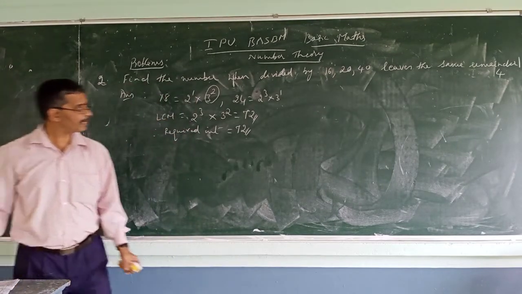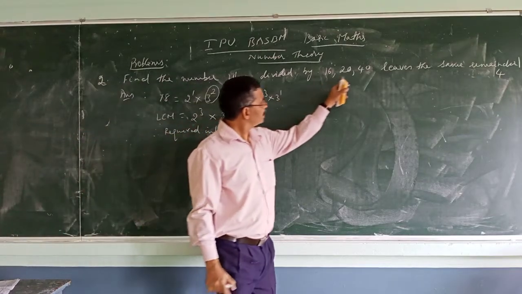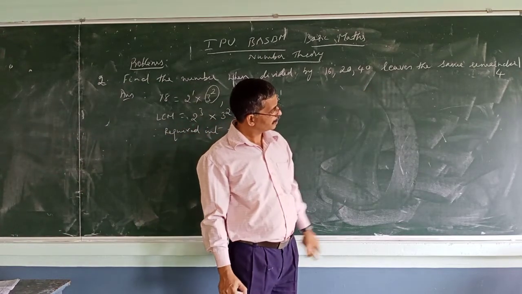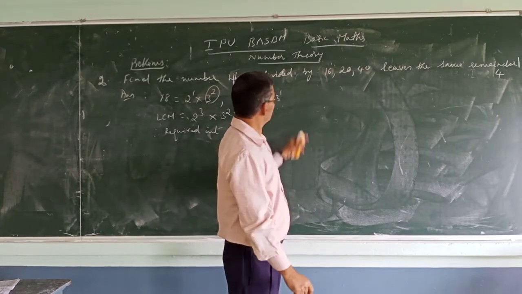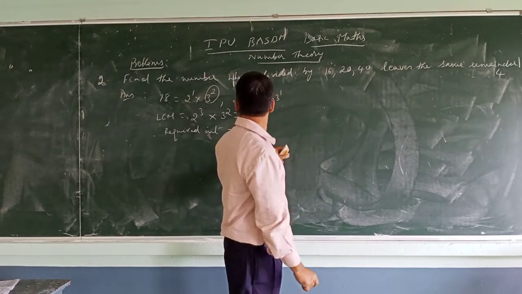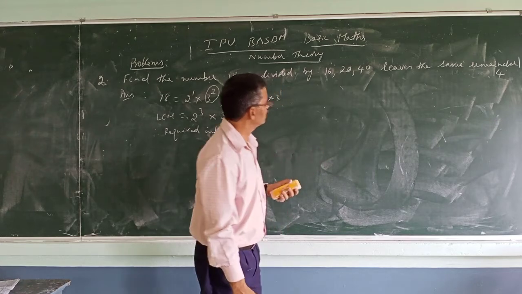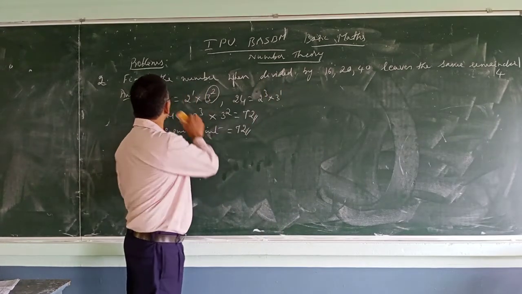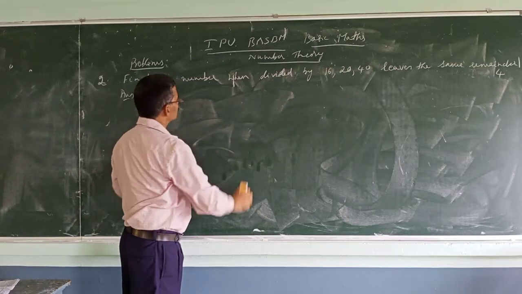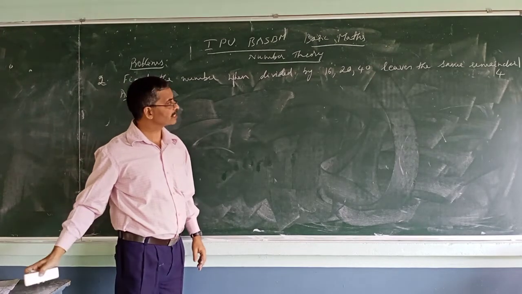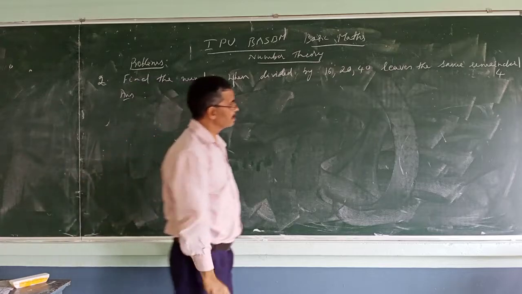So when you divide by these three numbers, it will give you a common remainder.